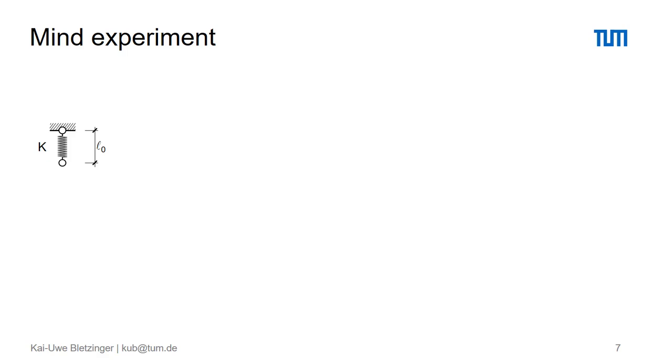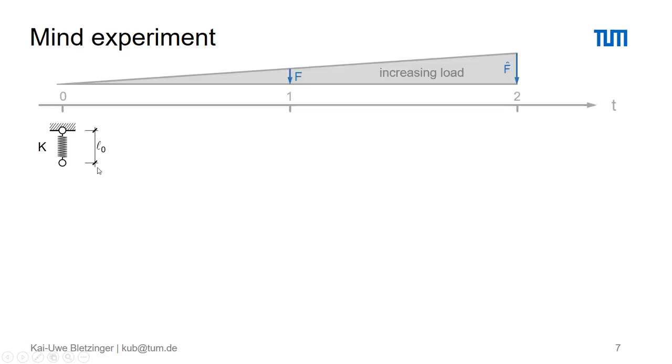Let's do a thought experiment. We take our little spring and attach it to the ceiling. We assume that the spring is free of mass, there's no weight. Again, we have the spring stiffness and the initial length L0.